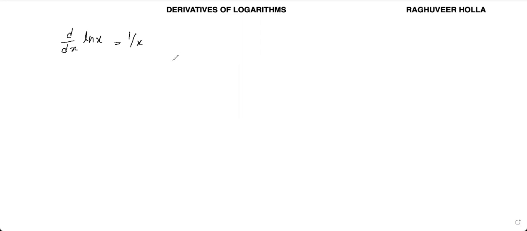And we'll just recall the properties of logarithm. So ln of xy is ln x plus ln y, and ln of x by y is equal to ln x minus ln y.